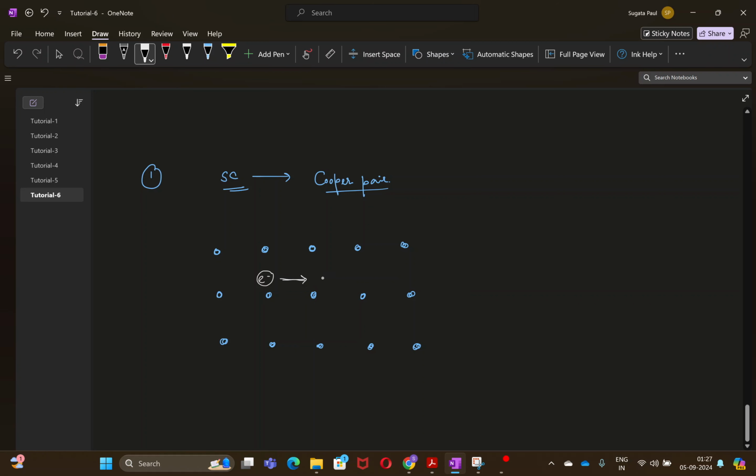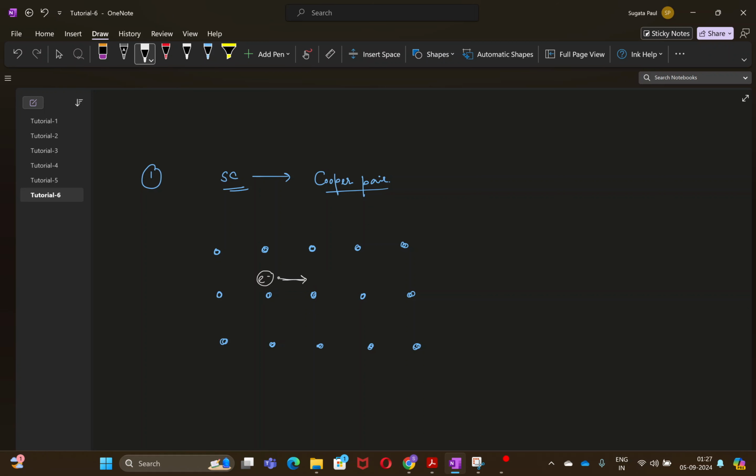Now normally these lattice atoms, which can be positive ions, are in the ideal case fixed in their equilibrium positions. But in the real case they are not ideally fixed to their positions.